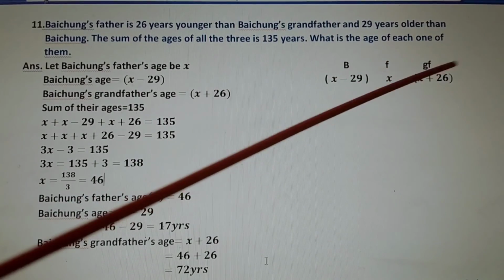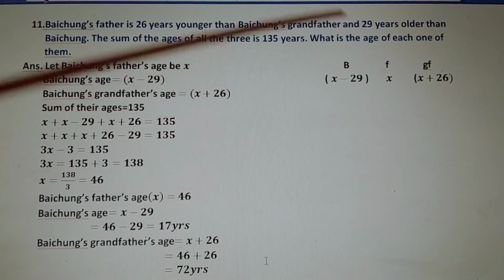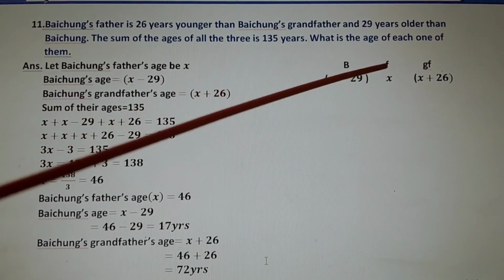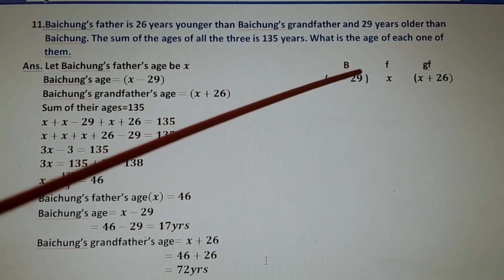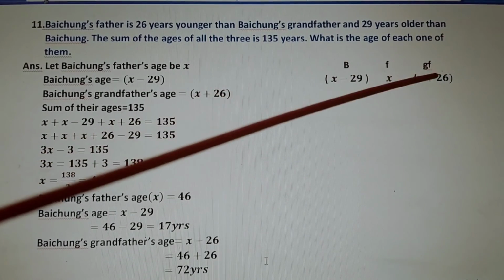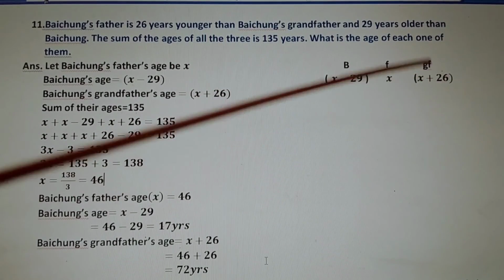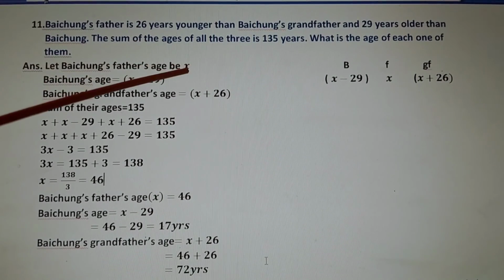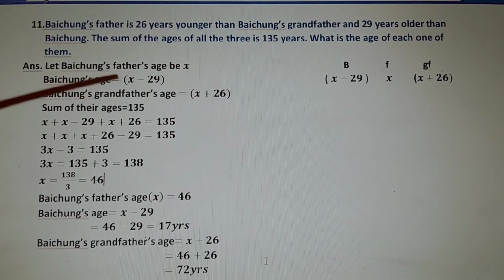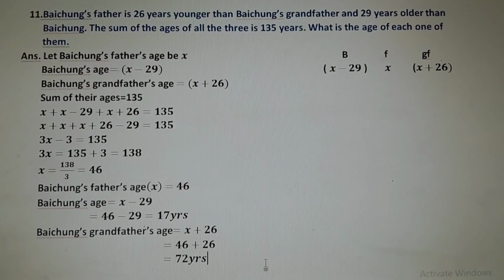That is x plus 26. Let Baichung's father's age be x. Baichung's age is equal to x minus 29. Baichung's grandfather's age is equal to x plus 26.